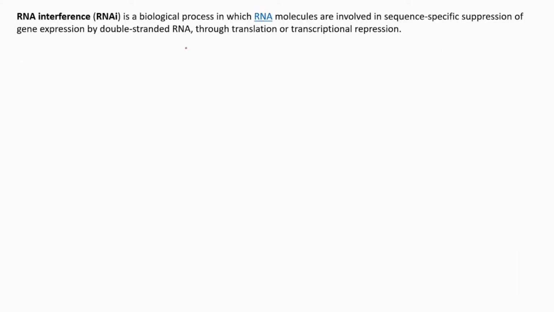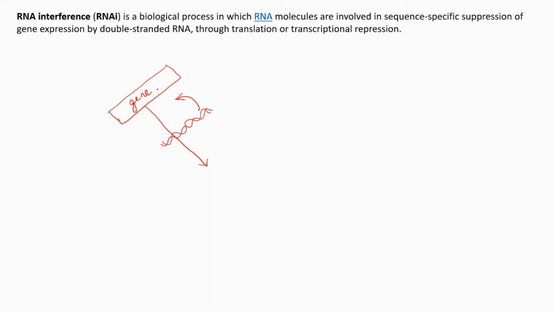RNA interference simply means double-stranded RNAs suppress the expression of a certain gene. Expression means through transcription and translation. How does it suppress this gene? By interacting with a specific sequence in this gene.